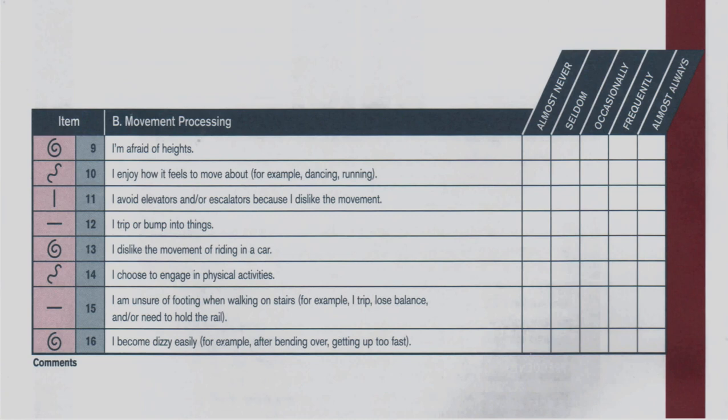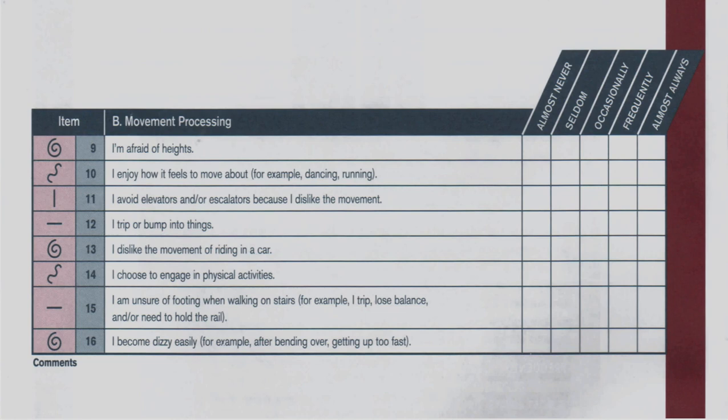You rank all the items. The items are numbered. This is 9 through 16. And then all those little squiggles are going to come into play when we score and interpret and put our information into a grid. So stay tuned for that.